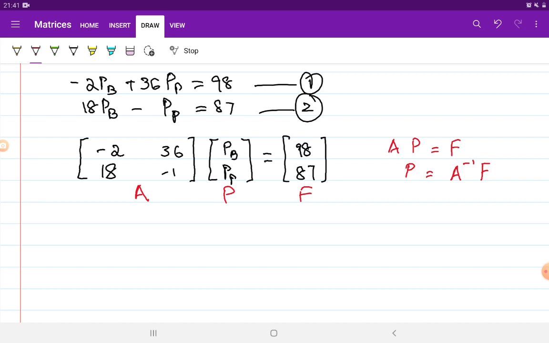If you remember, A inverse in matrix is equivalent to the reciprocal in basic algebra. So to find the inverse, I need to remember the formula that A inverse is equal to 1 by the determinant of A multiplied by the adjoint of A.